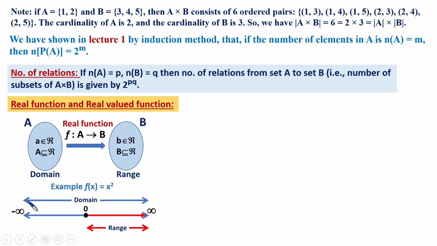So here you have a domain from x equal to minus infinity to plus infinity. This x square will be a parabola, as I said. From 0 it starts and goes up, and on the negative x axis it also goes like this. So all the values on the y axis are from 0 to infinity. What I have written here is the domain, and this is the range, from 0 to infinity.